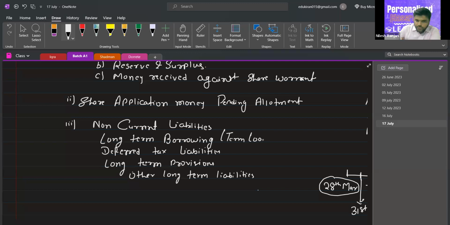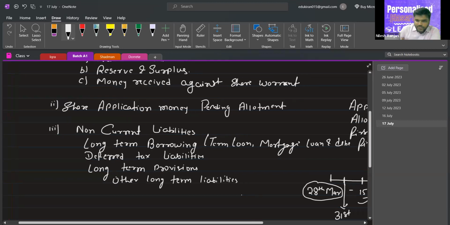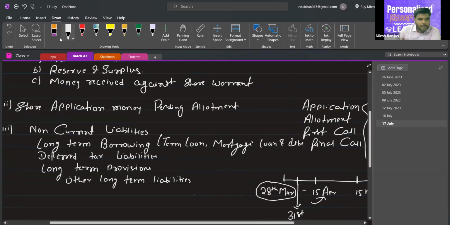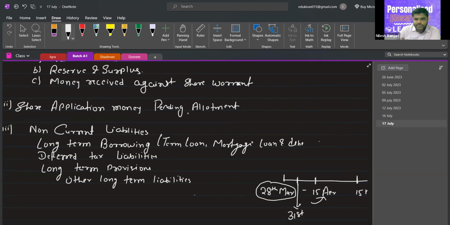So term loan, mortgage loan, and debenture. There can be different items also. So debentures.